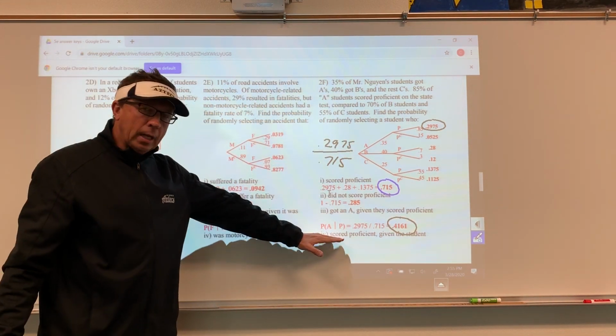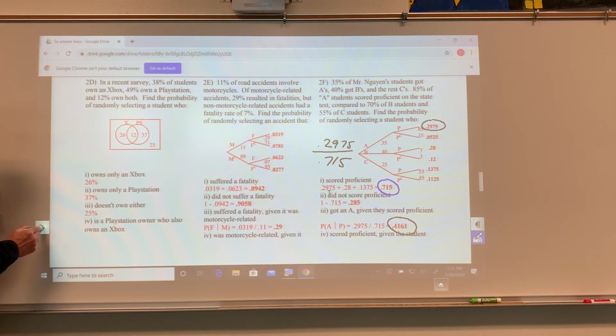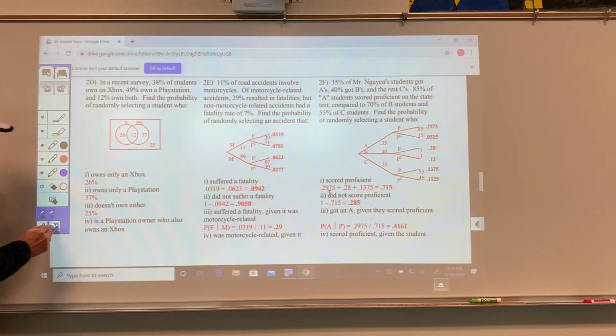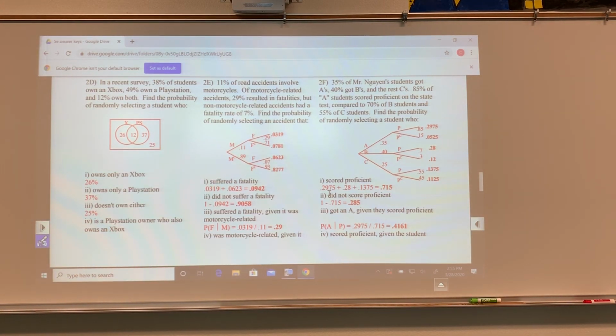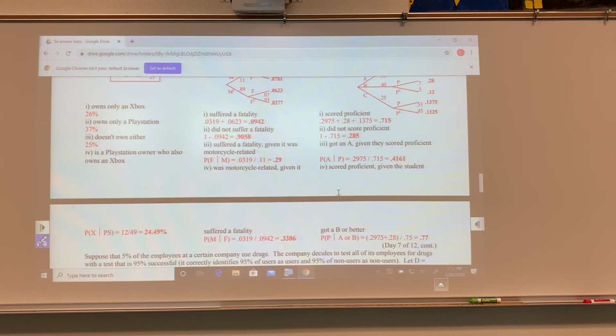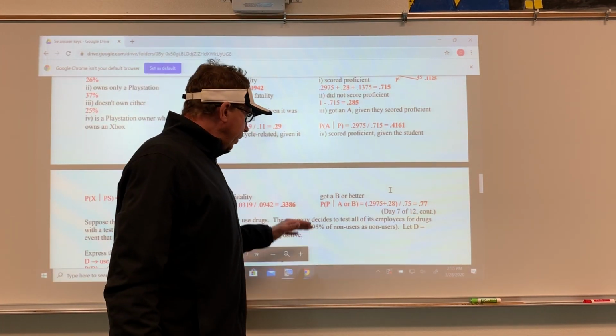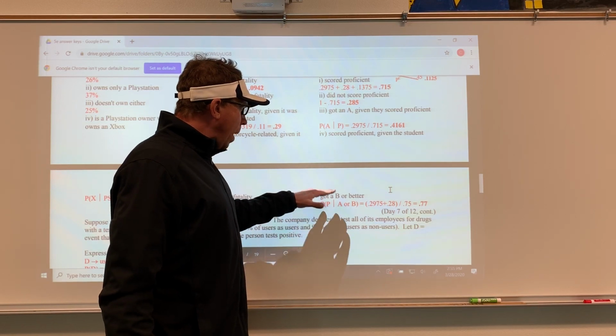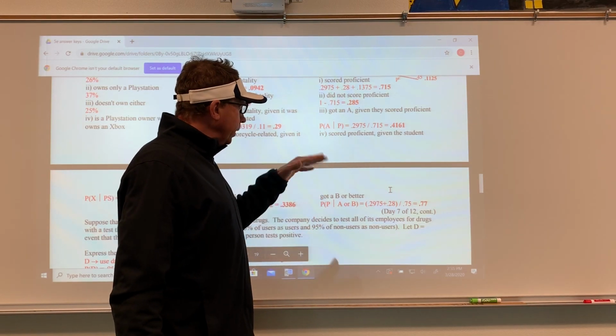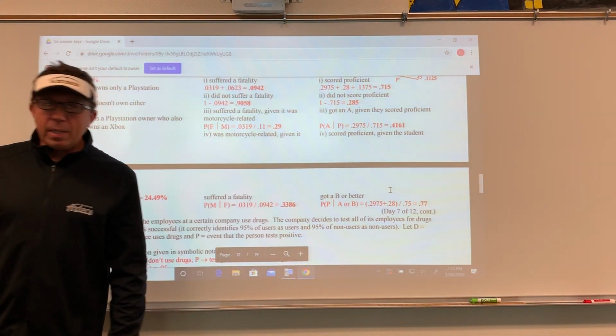And the last question got cut off, so let me move that again. Okay, the last question is, scored proficient given the student got a B or better.